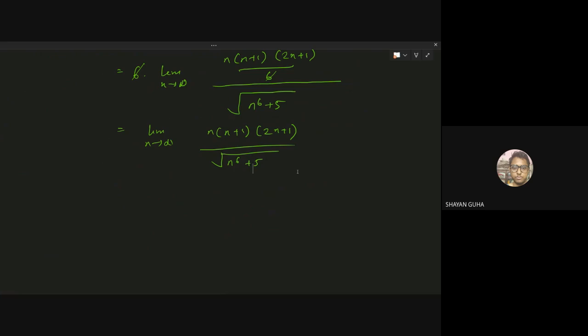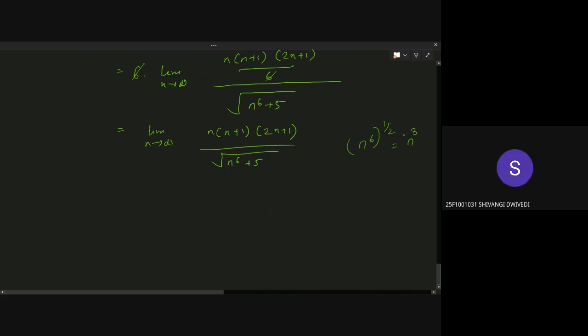But there is one more thing here. We have a root over. Just in a naive sense, think of n to the power 6 to the power half. So basically here we also have a polynomial of degree 3 in the denominator part. So what we will do is divide both numerator and denominator by n cube.